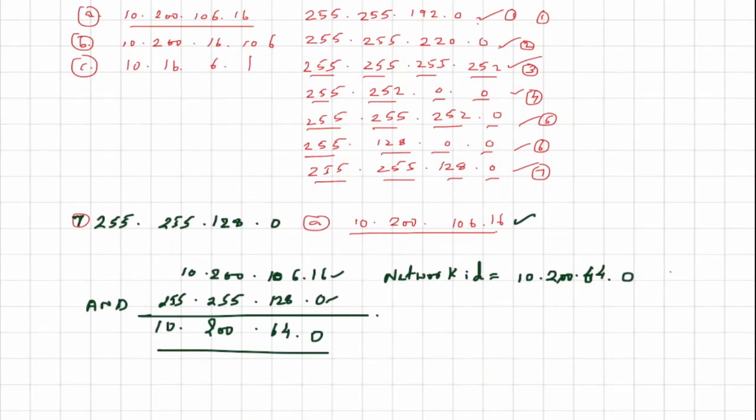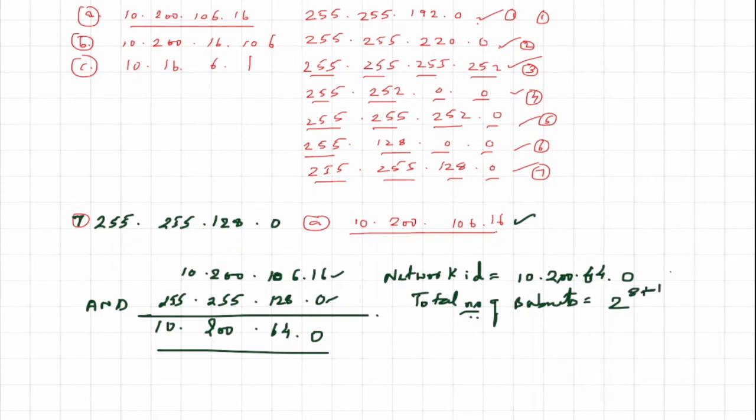The total number of subnets is 2 power 8 plus 1, because it is 128 and is written as a single 1 bit.